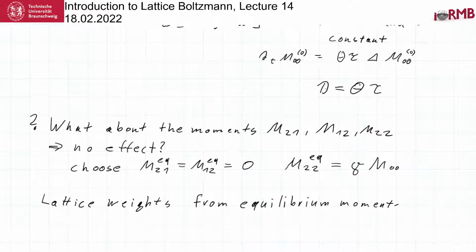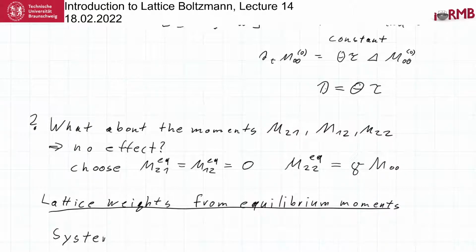And lattice weights always come from the equilibrium moments. So we have a system of 9 equations because we have 9 distributions and 9 independent moments.